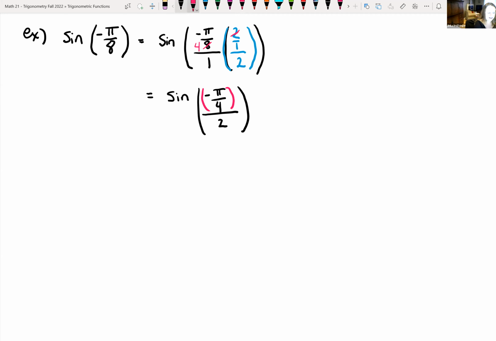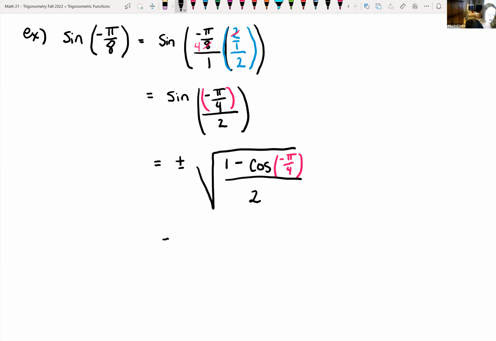Now using the half angle formula for sine, this is plus or minus the square root of 1, it's sine, so it's minus between that and the cosine of my numerator, which is that negative pi over 4, all divided by 2.